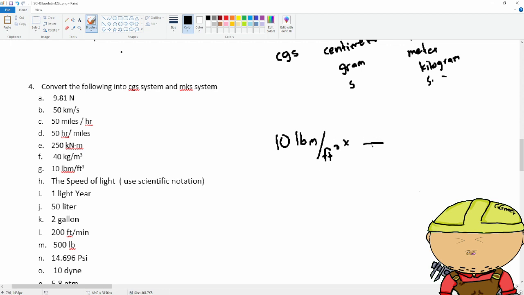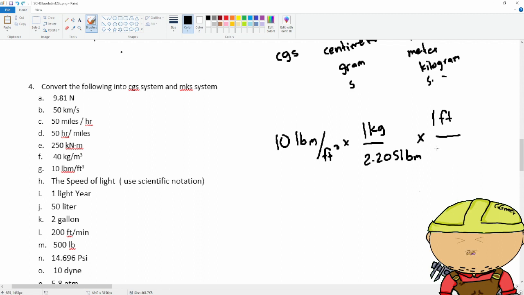So we're gonna convert that to kilogram first. 2.205 pound mass is equal to 1 kilogram, and 1 feet is equal to 0.3048 meter.